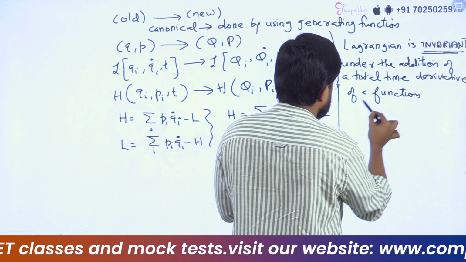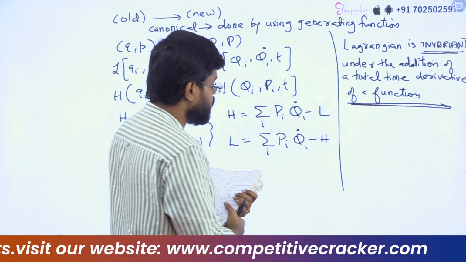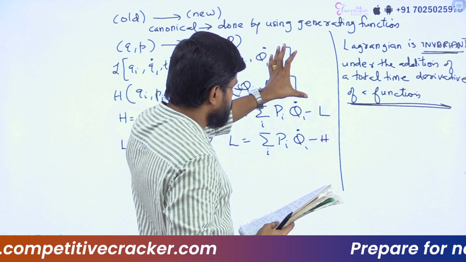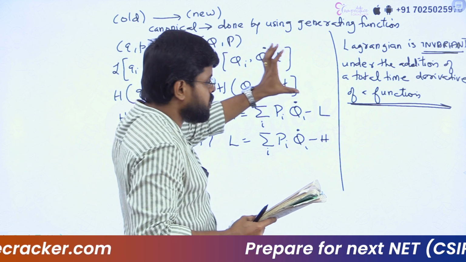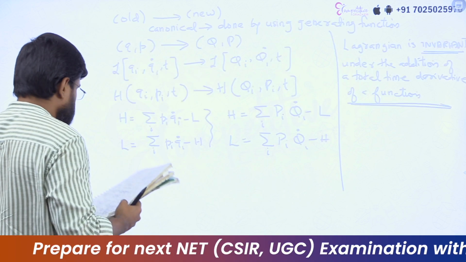That is a theory part that we have already discussed while studying Lagrangian dynamics. Lagrangian is invariant under the addition of a total time derivative of some function. Let us see how we can do that.